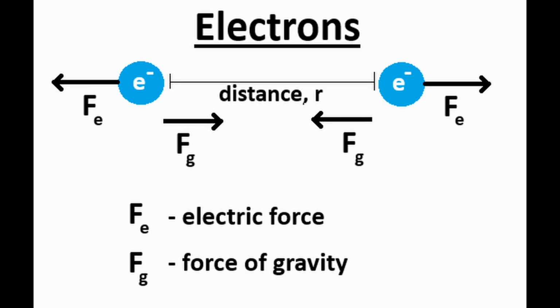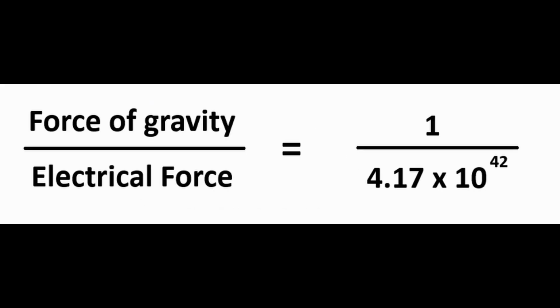For example, take two electrons. We can compare their electric force of repulsion to their gravitational force of attraction between their masses. And we get that the gravitational force relative to the electrical force is equal to 1 divided by 4.17 times 10 to the power of 42.